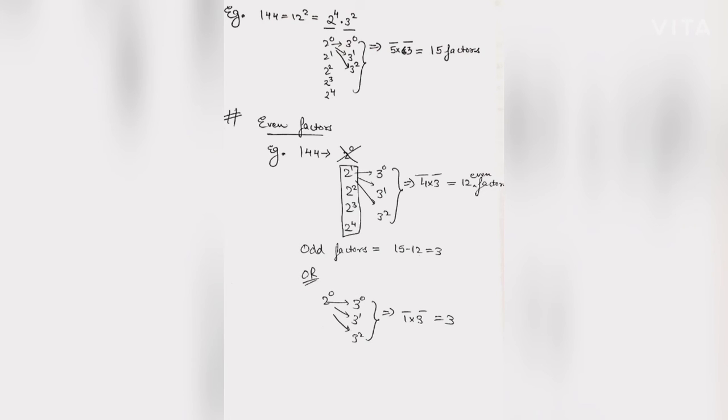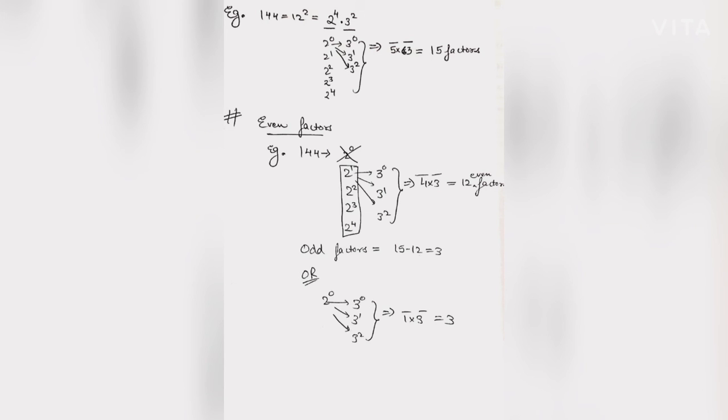And now let's talk about even factors. How many even factors does a number have? We are going to count that. Let's take an example, 144. Even factors mean a multiple of 2. So except for 2 raised to the power 0, we are going to take every power of 2 from 1, 2, 3 and 4.